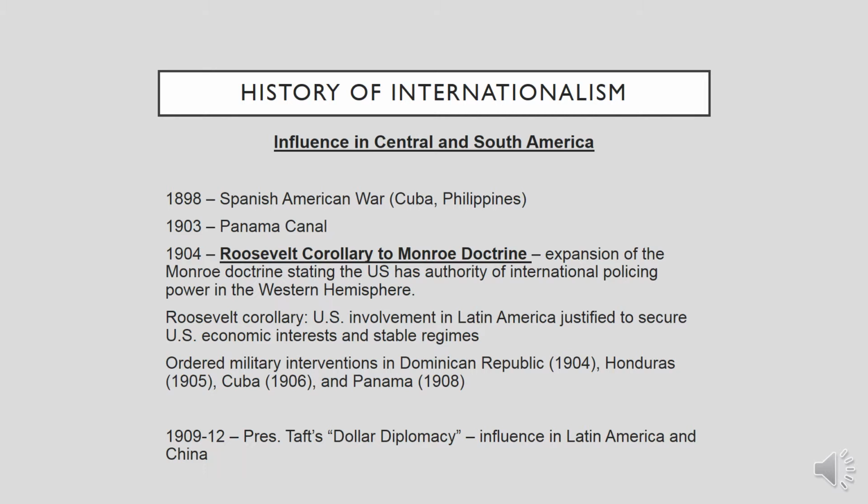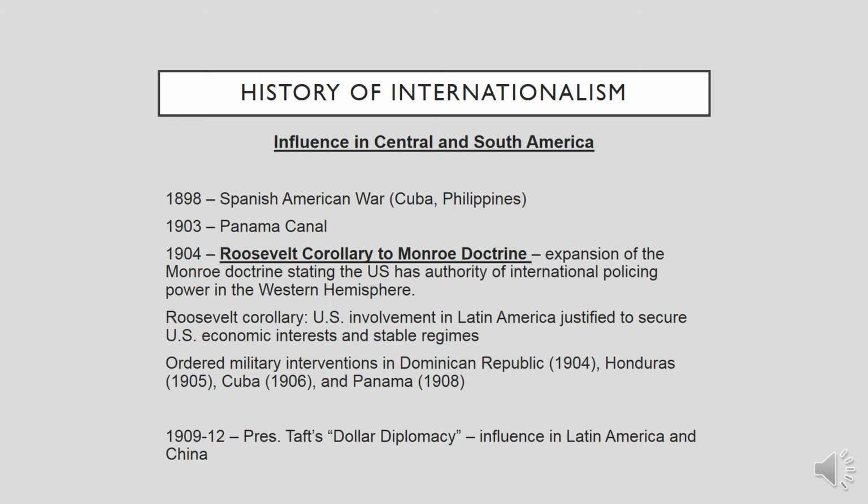And the important policy to come out of this was the Roosevelt corollary to the Monroe Doctrine, an expansion of the Monroe Doctrine, stating that the United States has authority of international policing power. Well, this translates to using our military might, or at least military intimidation, if we talk about gunboat diplomacy, in Latin American states. As part of this, there were invasions of different areas.